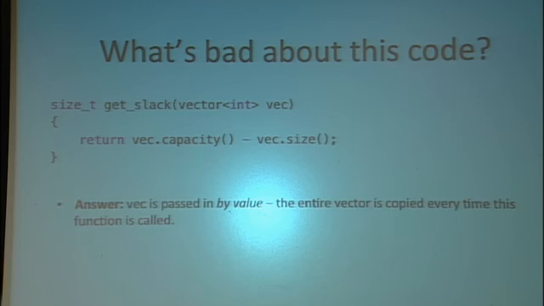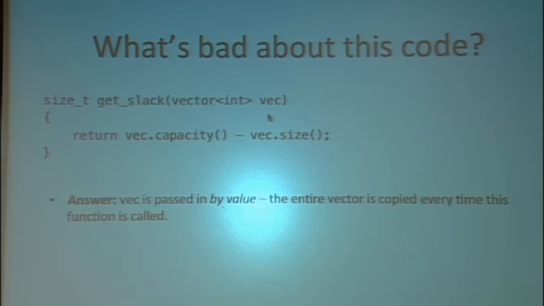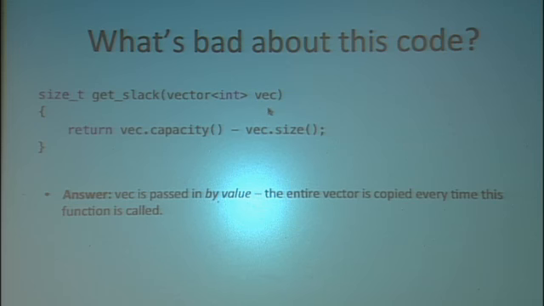So it's O of n. The vector that's passed in here is passed in by value, which means whenever you call this function, it'll actually make a brand new copy of the vector and copy all of the elements. So it's linear time with respect to the number of elements in the vector.